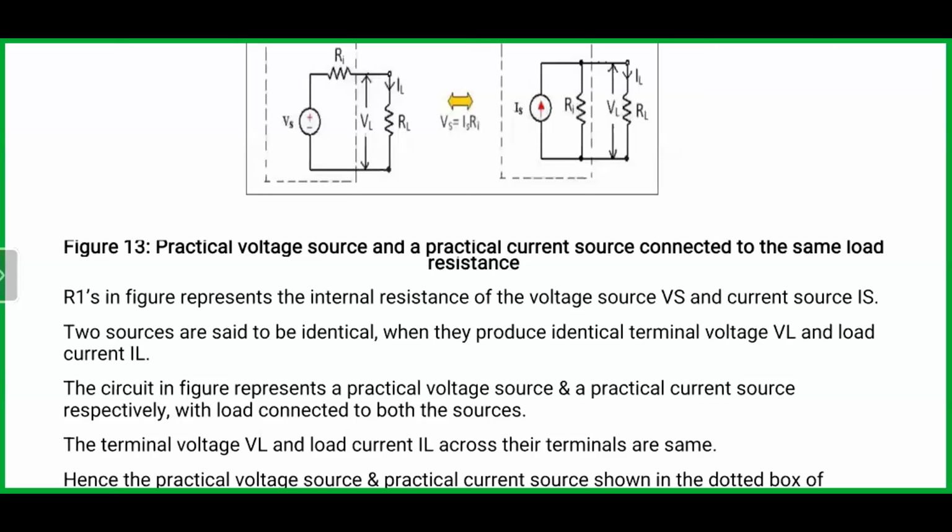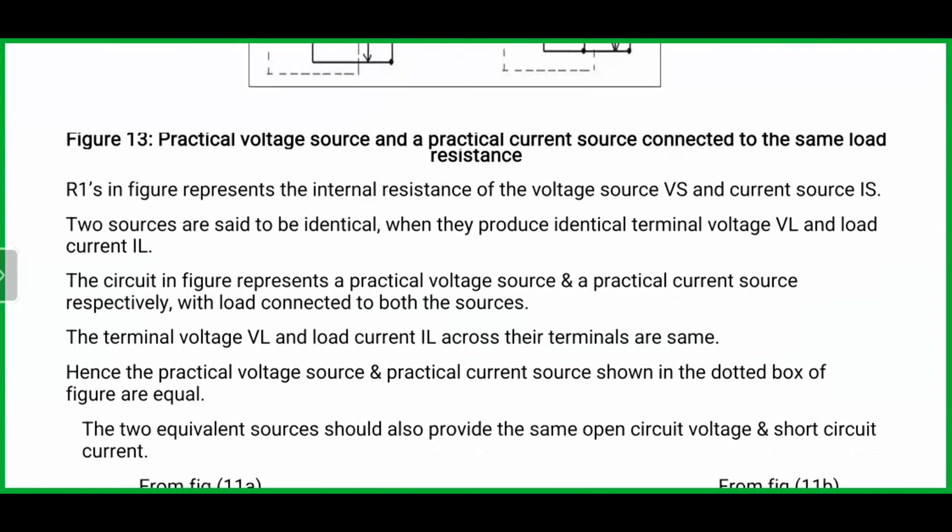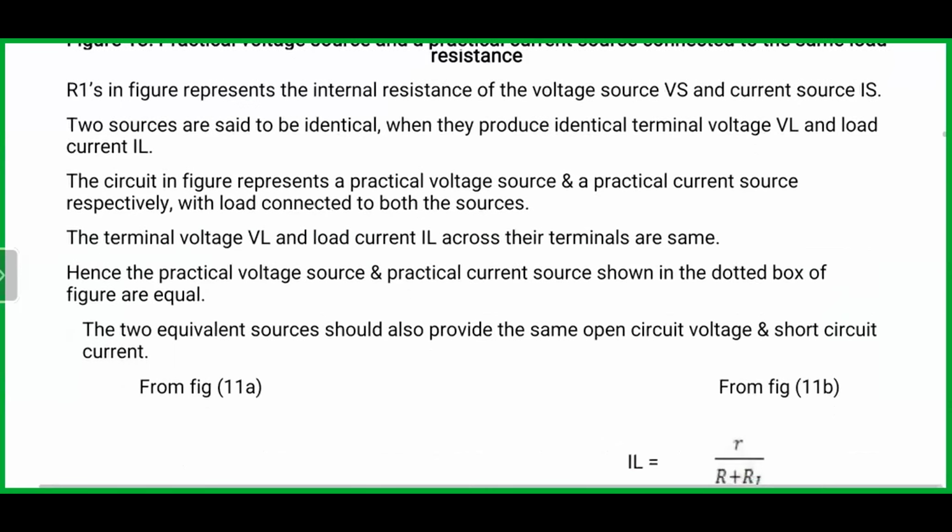Two sources are said to be identical when they produce identical terminal voltage and load current. The circuit in the figure represents a practical voltage source and a practical current source, respectively, with load connected to both the sources. The terminal voltage, that is VL, and load current, that is IL, across their terminals are the same.